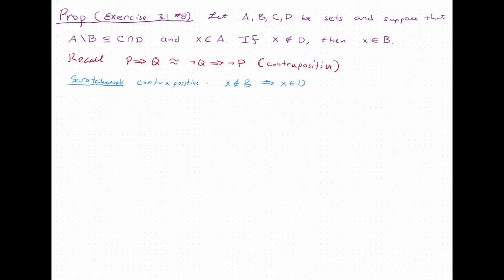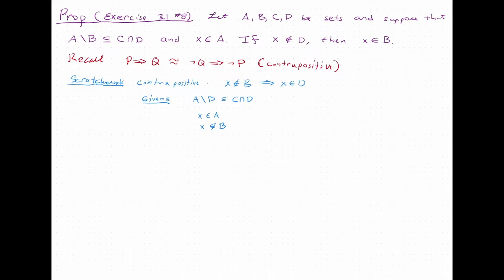And so now let's look at our givens. So we also have that A minus B is contained in C intersect D. We have that x is in A and x is not in B. This is now coming from the contrapositive assumption.